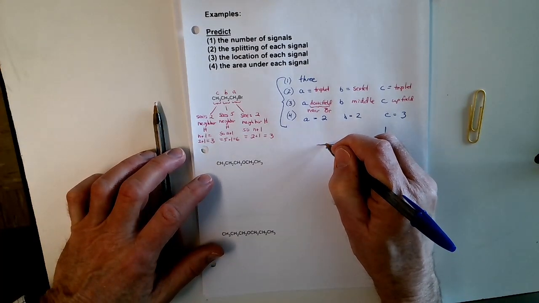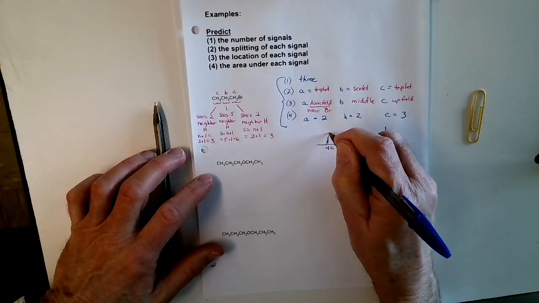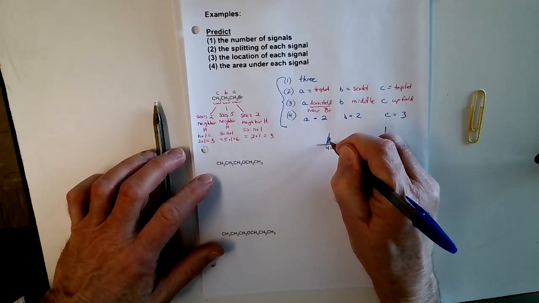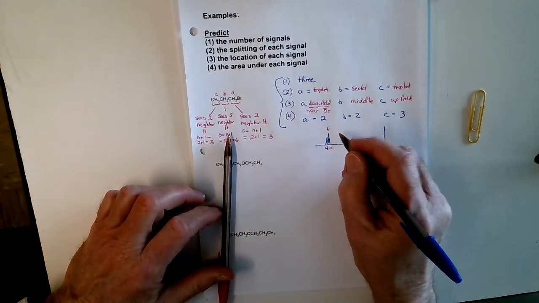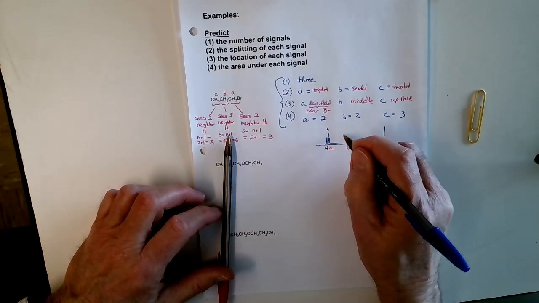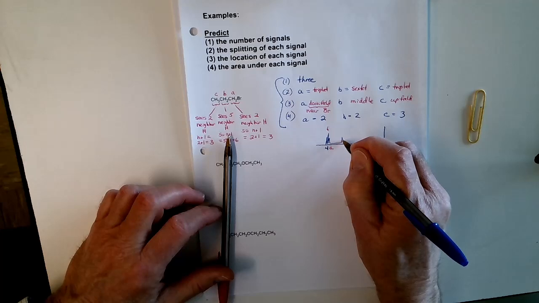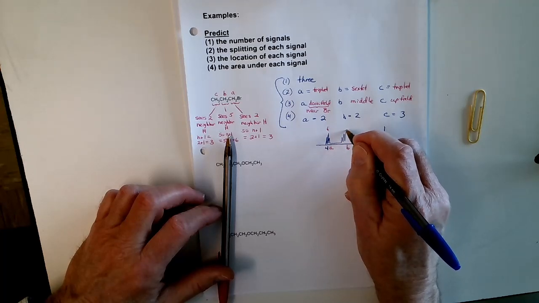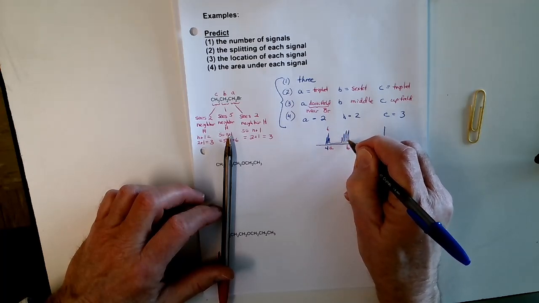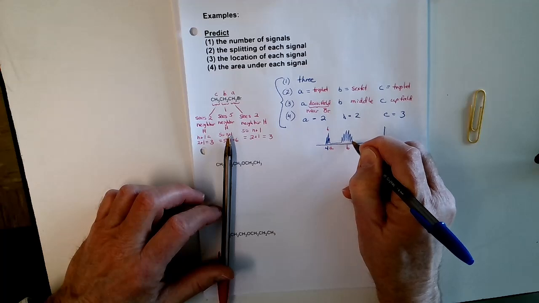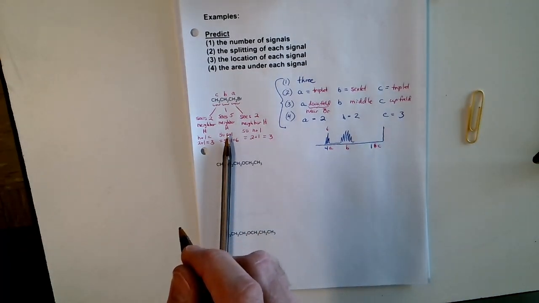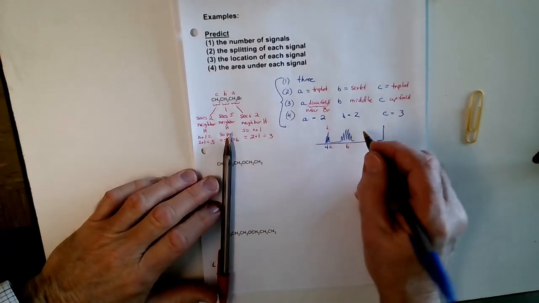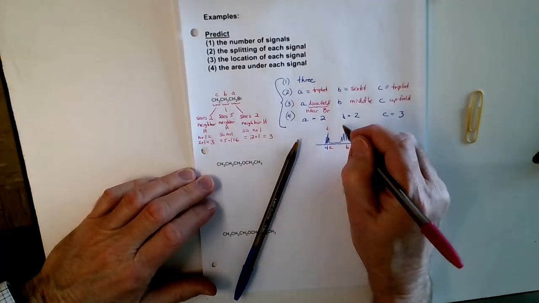And so you'd expect something like this. So there's a triplet. And then in the middle, there'd be this 6 line. So 1, 2, 3, 4, 5, 6. They can get kind of little and squished down near the baseline and hard to count and so forth, but that's what you'd have. So that one's a sextet.